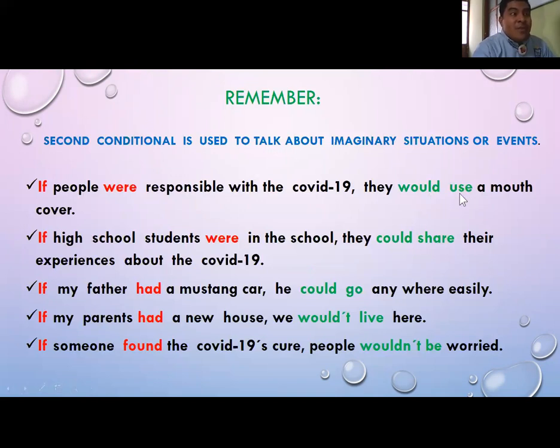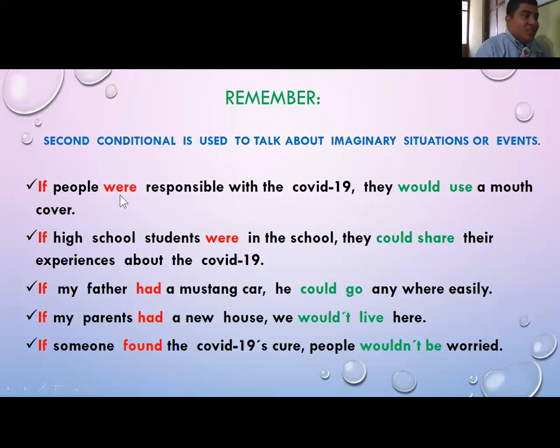I wrote it with green because it is in our second clause. We are going to use the auxiliary would followed by the verb in its base form, okay? They would use a mouth cover. My sentence says, if people were responsible with the COVID-19, they would use a mouth cover.